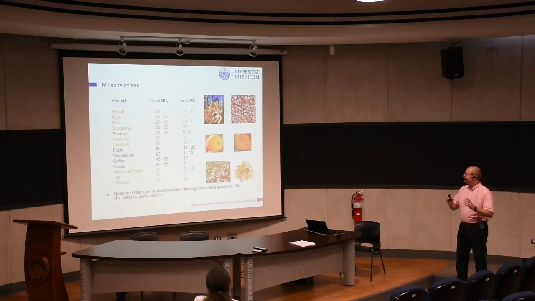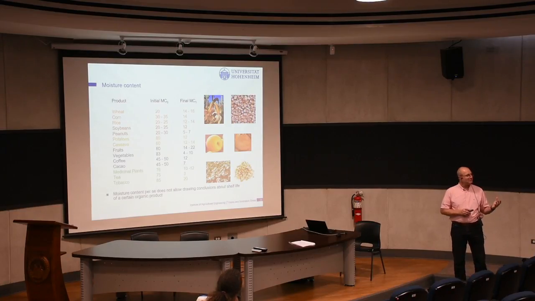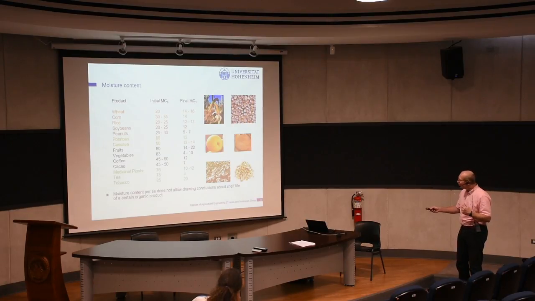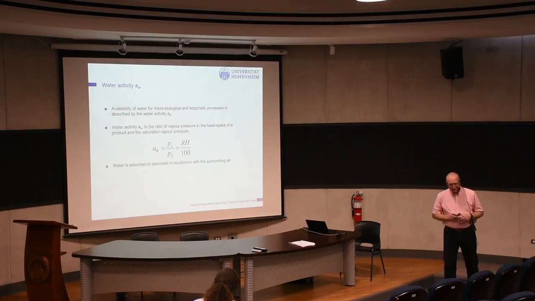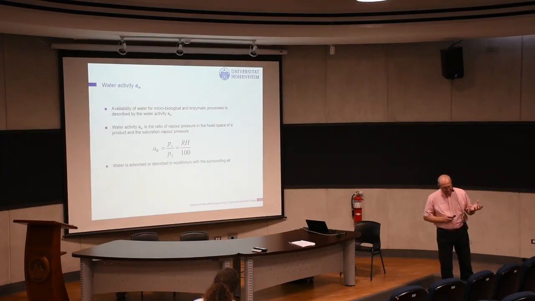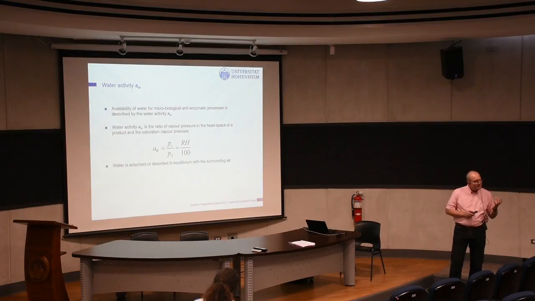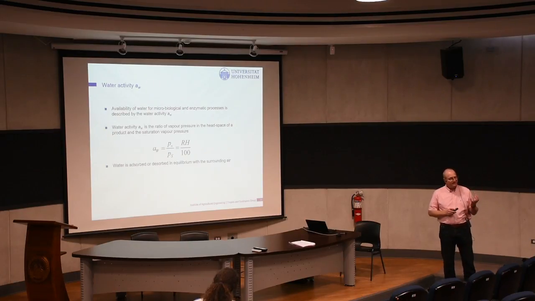Okay, to make this long story short, the ingredients are the main driving factors to decide which final moisture content we need. But in fact, it's not the moisture content, it's the water activity of the product, because bacteria need access to water.